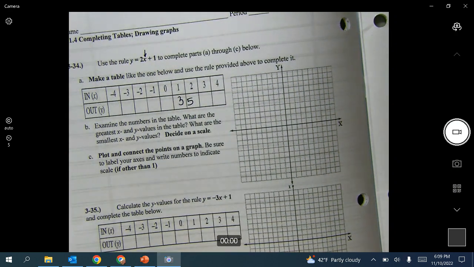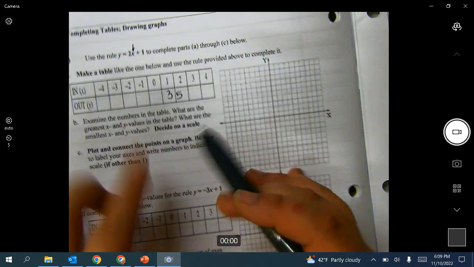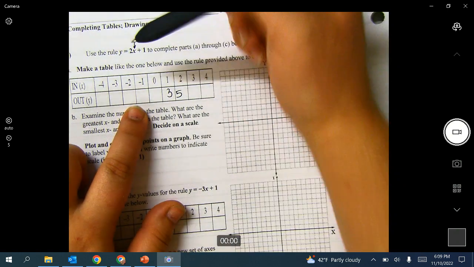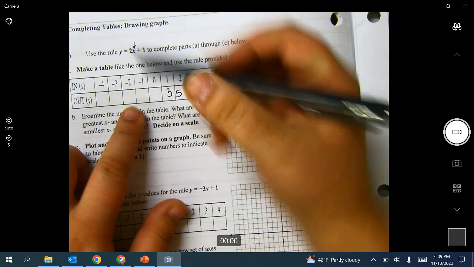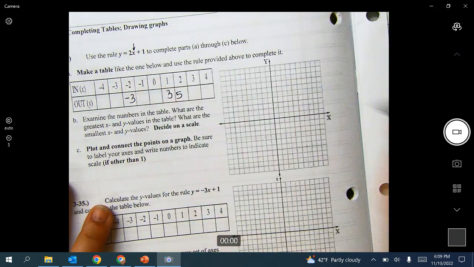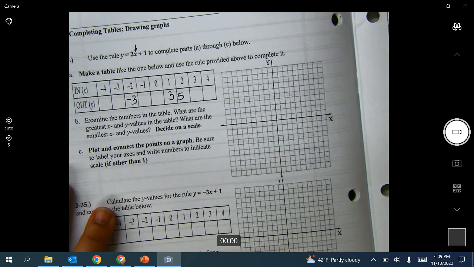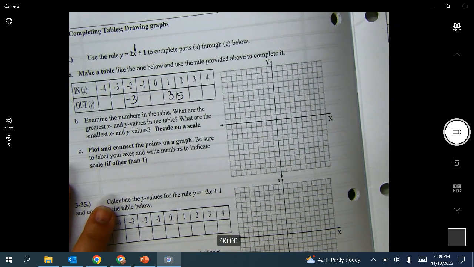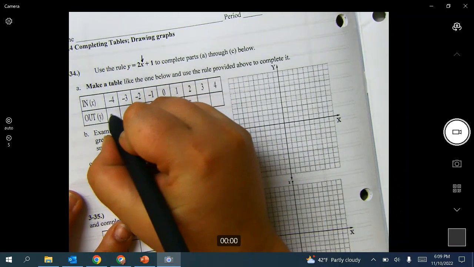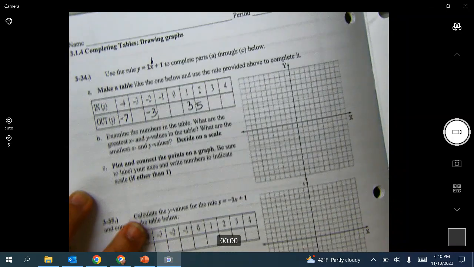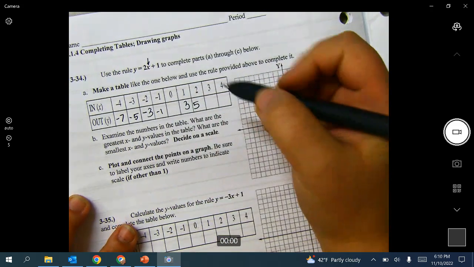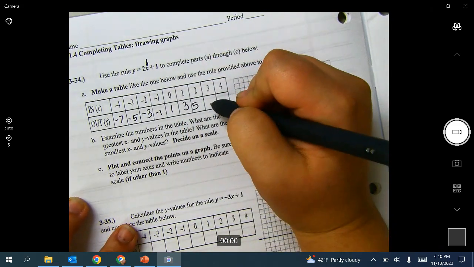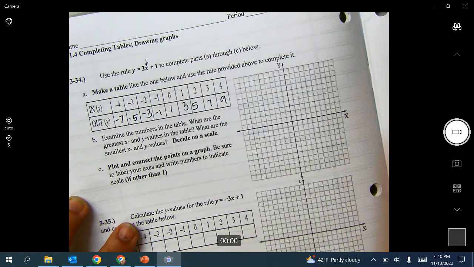Okay, if I do the same thing, now let's try doing a negative, like negative 2. So I have 2 times negative 2, which is negative 4. Negative 4 plus 1 is negative 3. All right, so if you do this correctly, you should have negative 7, then negative 5, then negative 3, then negative 1, and then 1, 3, 5, 7, and 9.